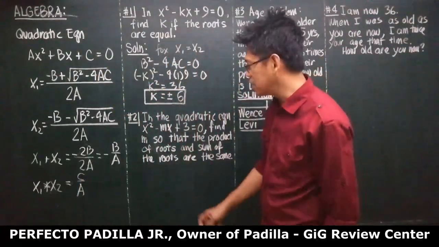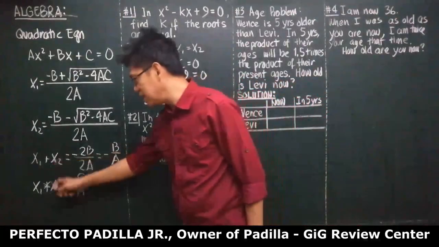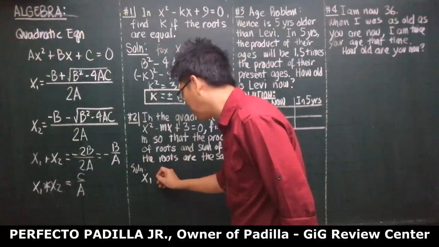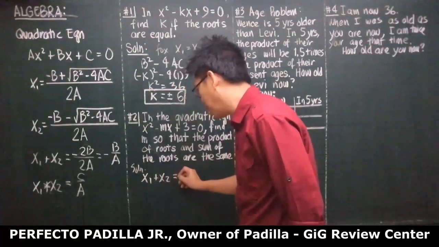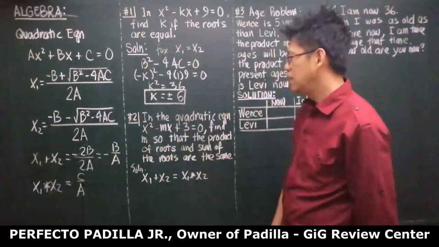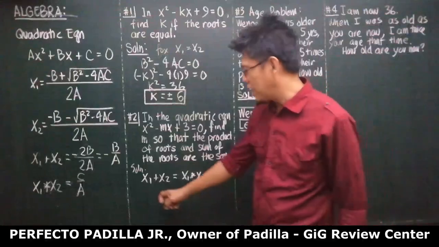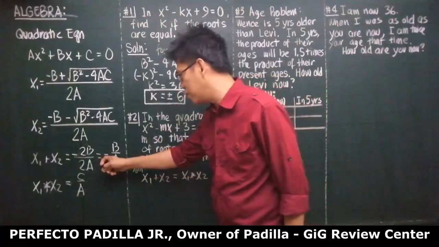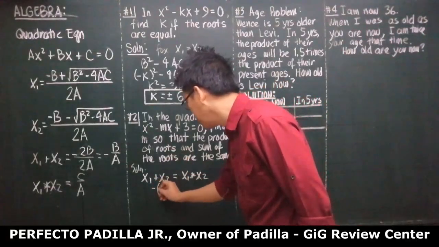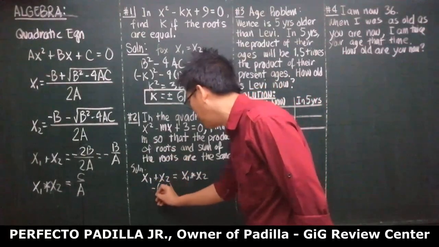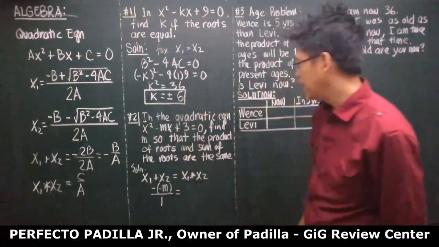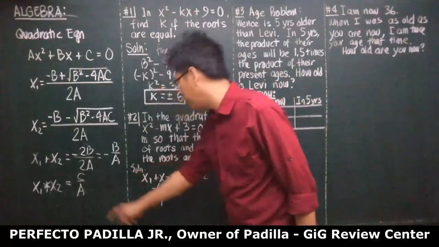So, ibig sabihin, ang sabi dito, this is equal to this, x1 plus x2 equals x1 times x2. Now, dito yung x1 plus x2 is minus b over a. So, minus of minus m over a, your a is 1, equals x1 times x2, which is c over a.